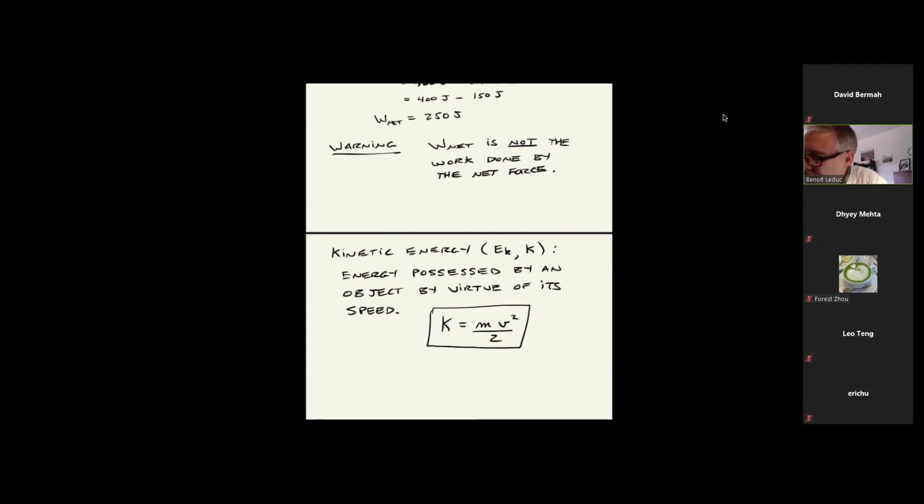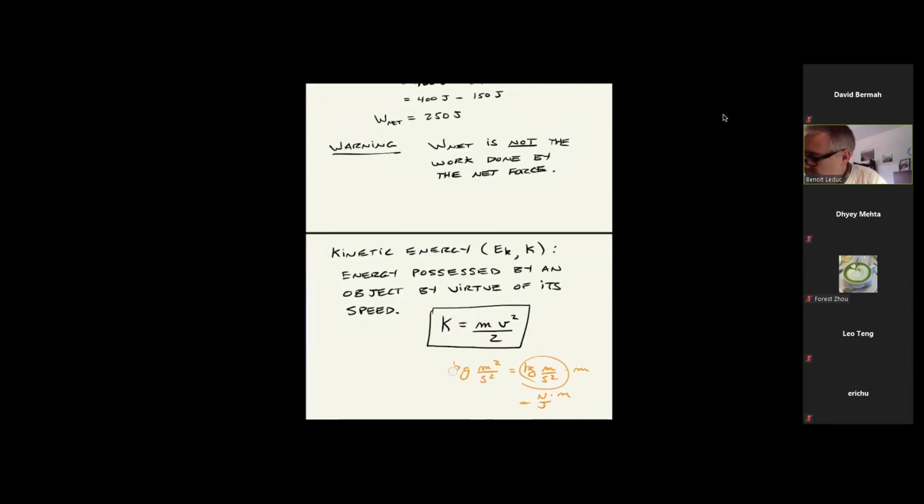So the unit will be kilogram meter per second squared times meter. What you notice here is this is a unit of Newton, mass times acceleration. So Newton meter gives us joule, as it should, because kinetic energy is energy, and energy is measured in joules.